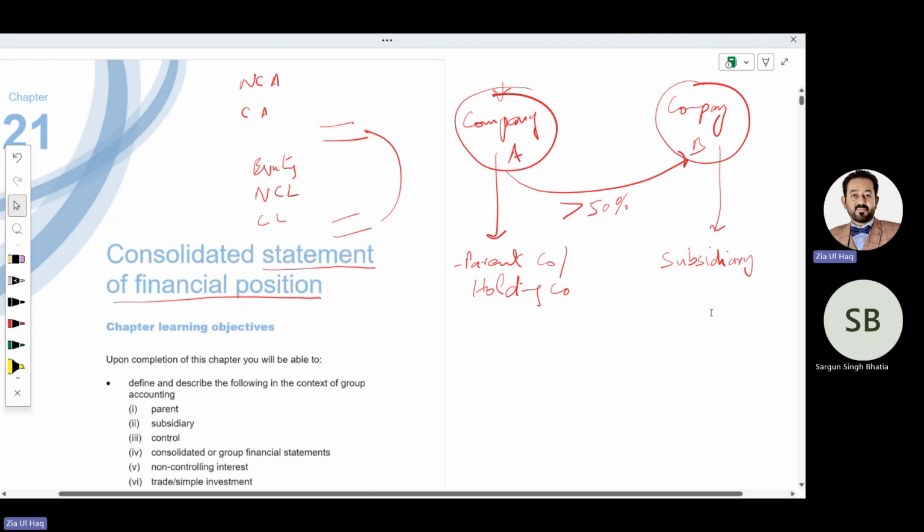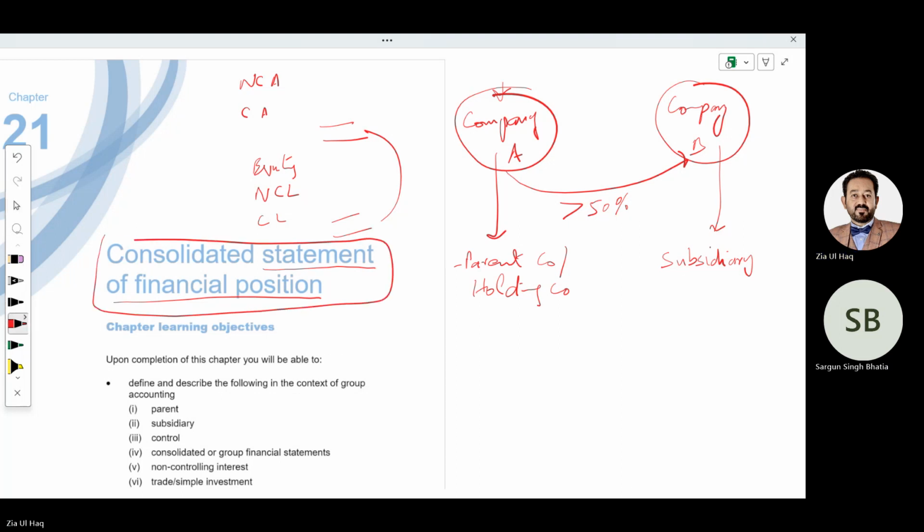And in that case, the parent company, having its subsidiaries, needs to prepare consolidated financial statements. What is meant by consolidated financial statements? They need to consolidate the financial statements of their subsidiaries into their financial statement results.